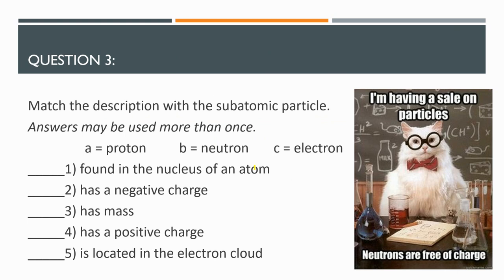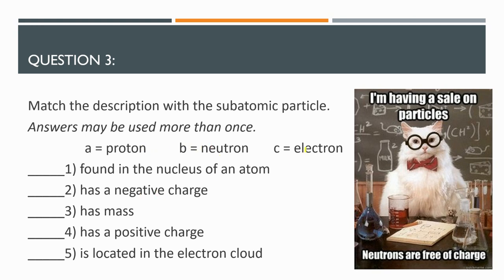All right, our next question. Match the description with the subatomic particle. So just a quick review. Protons are positive, found in the nucleus. Neutrons are neutral, found in the nucleus. Electrons are negative, found in the cloud. So on number 1, the nucleus of an atom, that's going to be your protons and your neutrons.